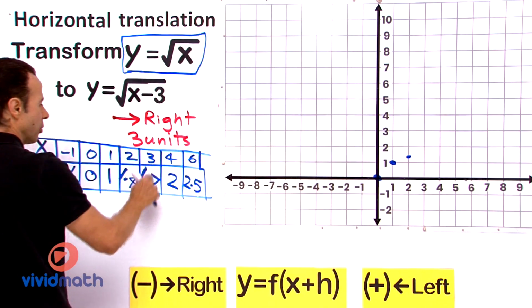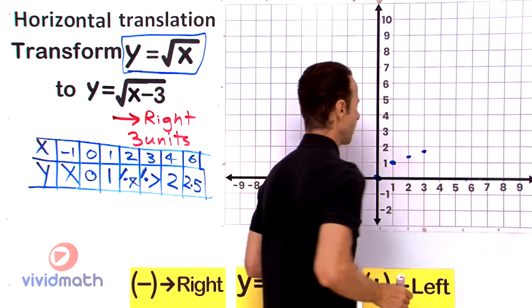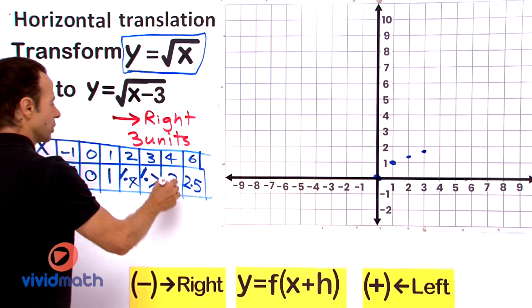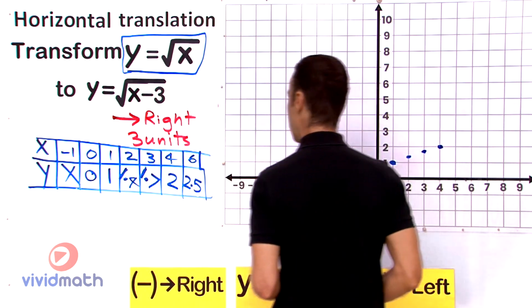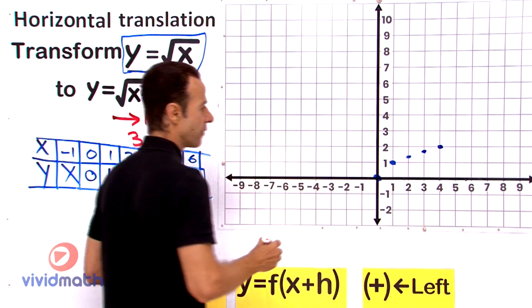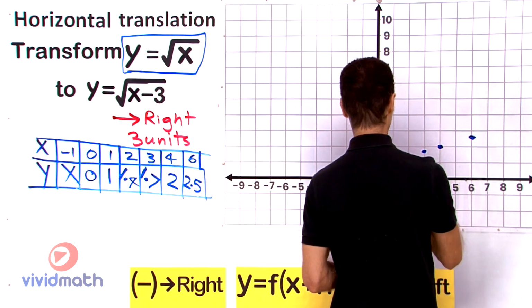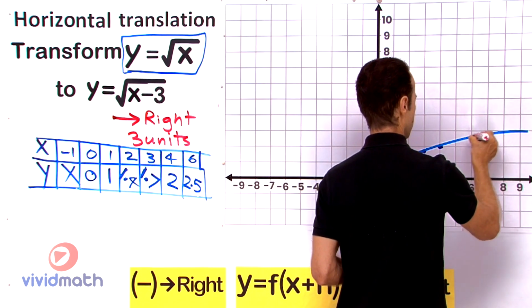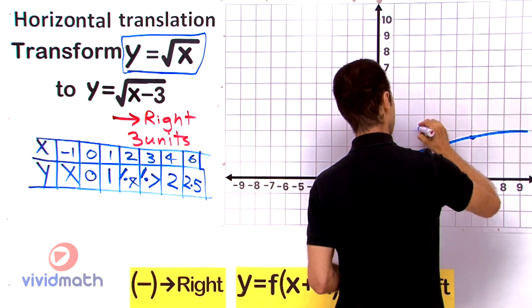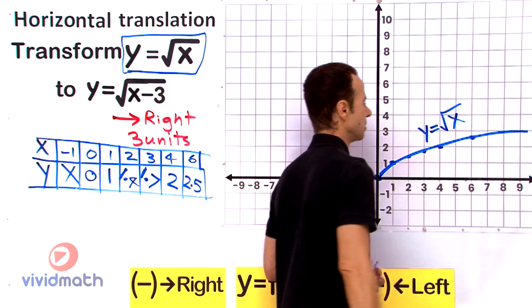Then 3, 1.7, about there. Then 4, 2, right there. And finally 6, 2.5. Let's join the dots. So that's our curve: y equals the square root of x.